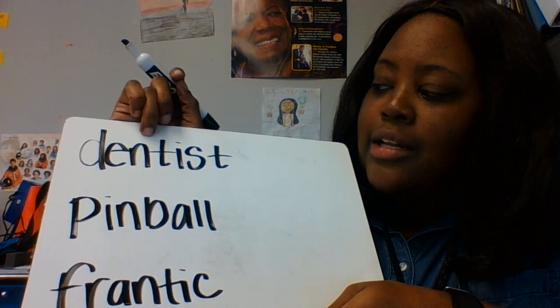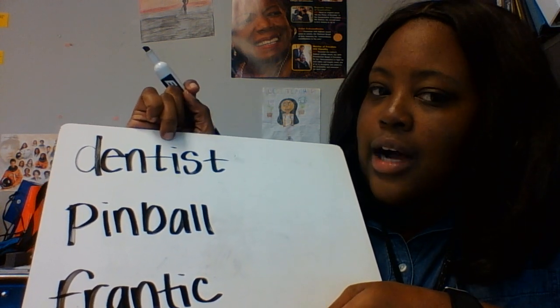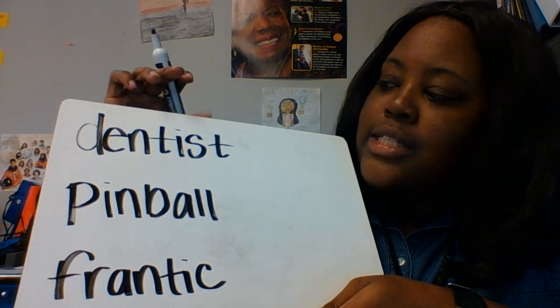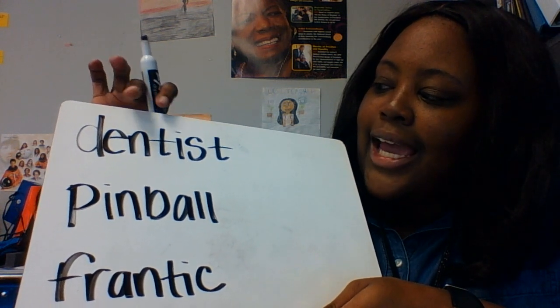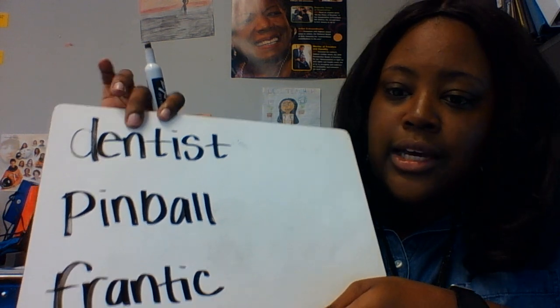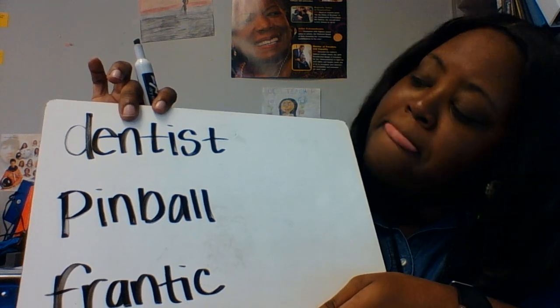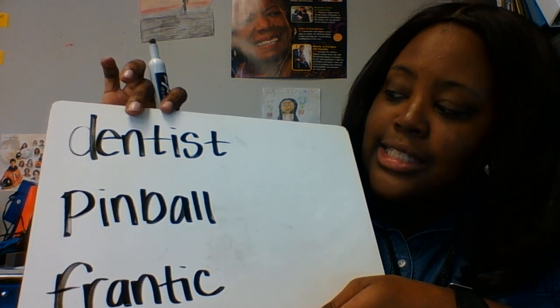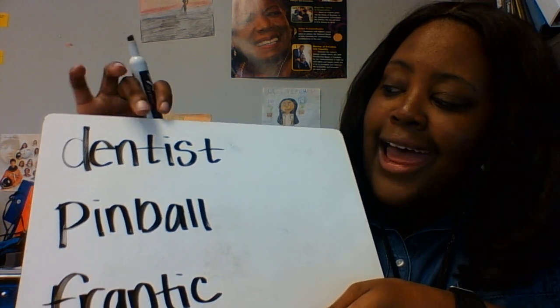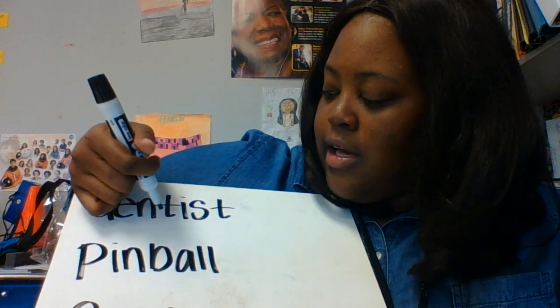I have an N, which is a consonant, not a vowel, and I have a T, which is another consonant. So, in between my E and my I I have two consonants, an N and a T. Now, this syllable division rule states that if I have two consonants in between two vowels, I split between the consonants. So, I'm just going to make a little indentation here. And that is where I do my split.